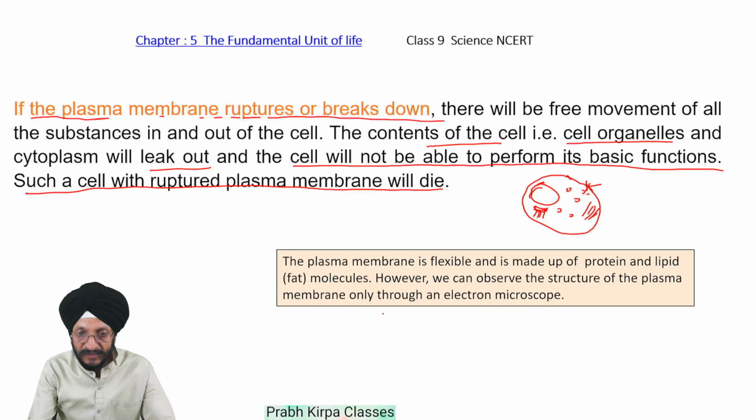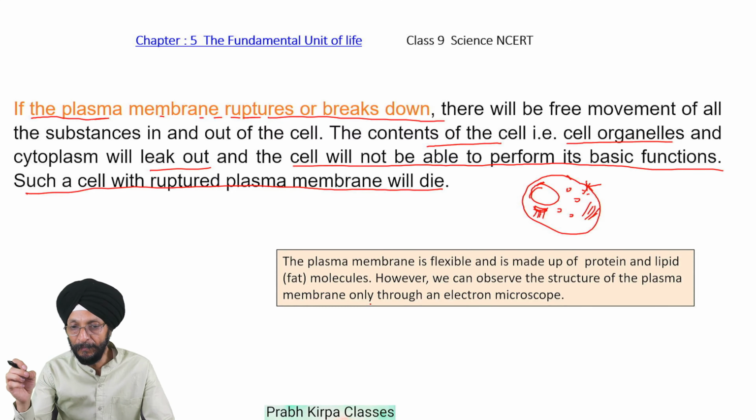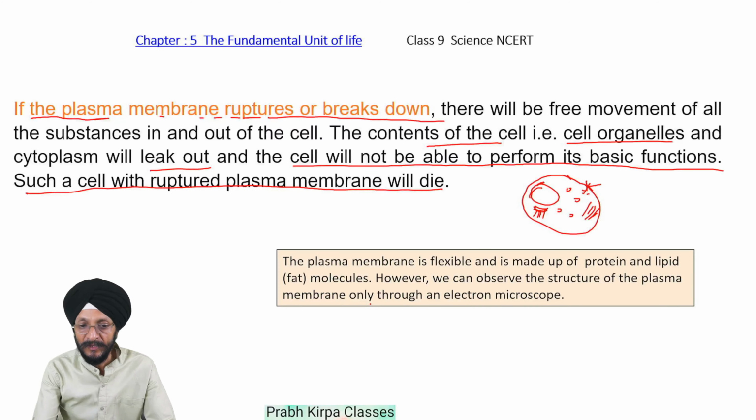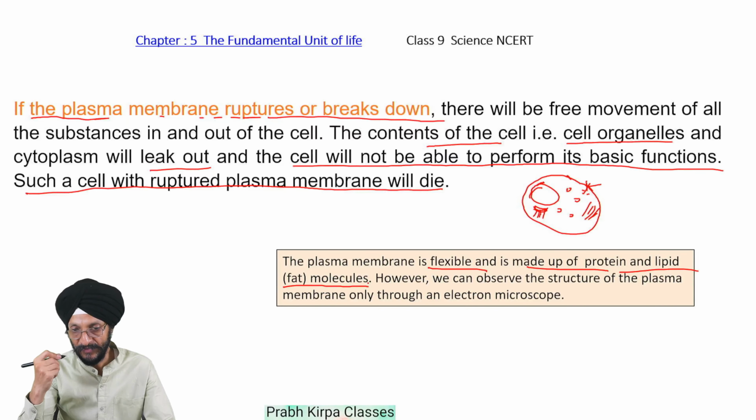Next, we may also be asked in the examination of what substances plasma membrane is made up of. The answer is plasma membrane is flexible and is made up of protein and lipid, that is fat molecules.